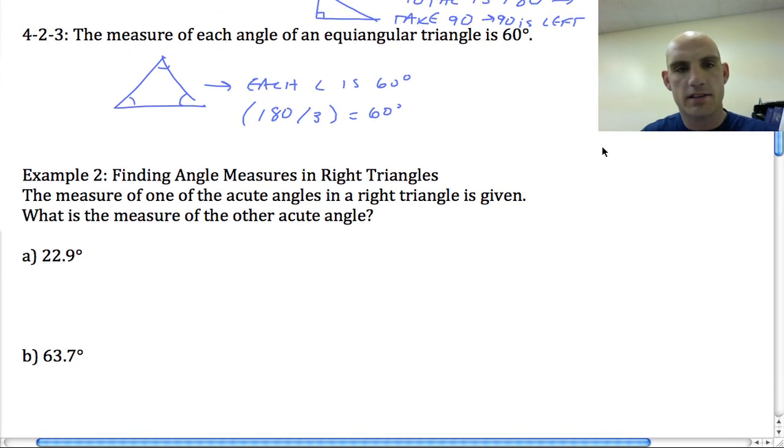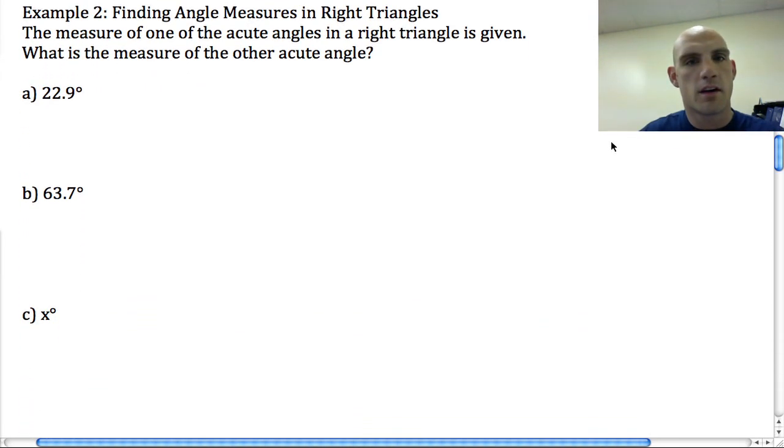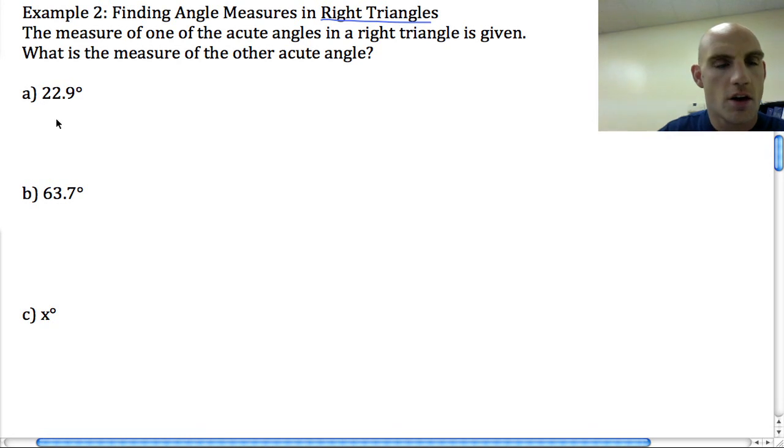Okay, when we look at example 2 then, we're assuming that we're working with a right triangle, okay, and the measure of one of the acute angles is given. So we have basically 180 degrees to work with. We take away 90 because it's a right triangle, then we take away the one that we know, the 22.9.